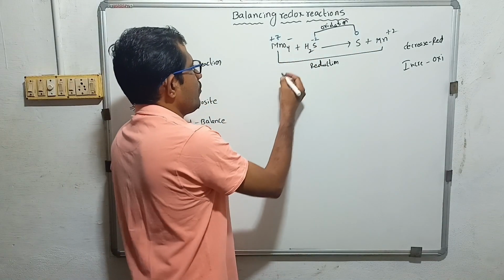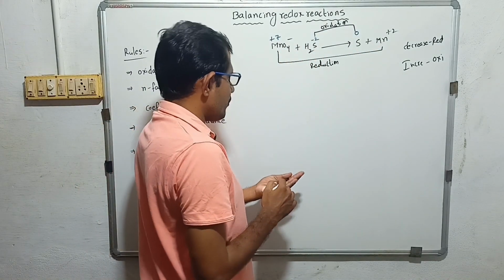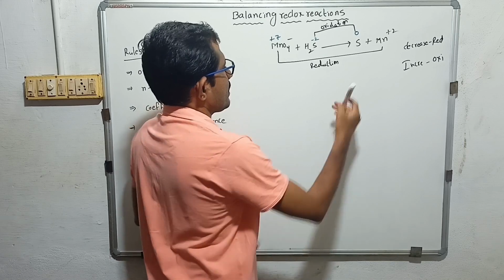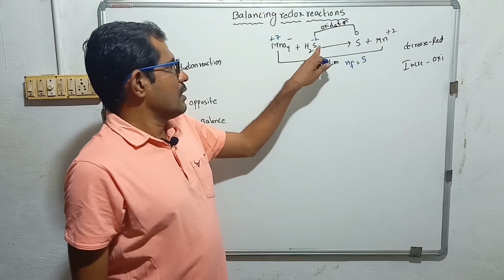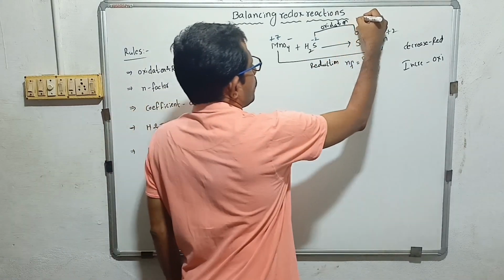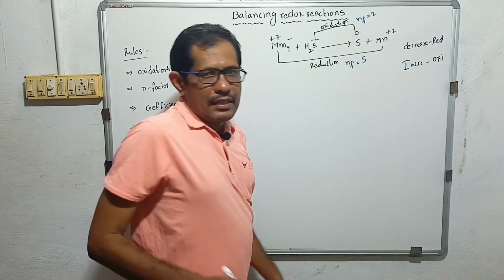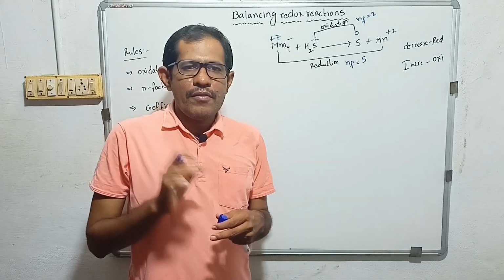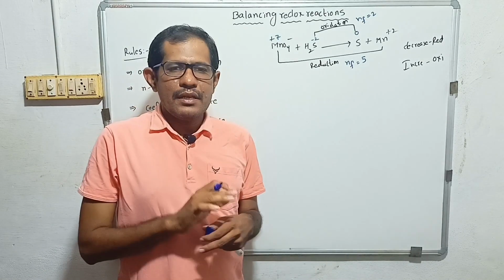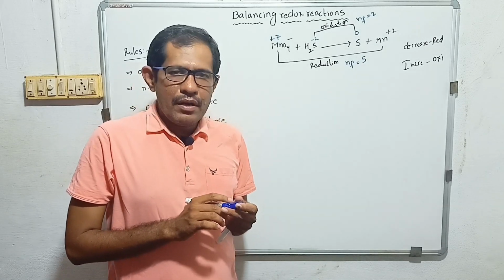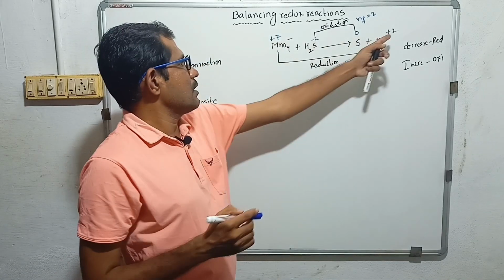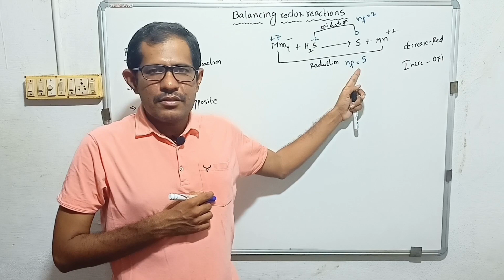So for this MnO4 minus, the n factor is 5. So for this reduction reaction, the n factor is 5. For the oxidation reaction, the n factor is 2. N factor is nothing but the change in the oxidation number per entity. Here the oxidation number is changed by 5, so the n factor is 5.